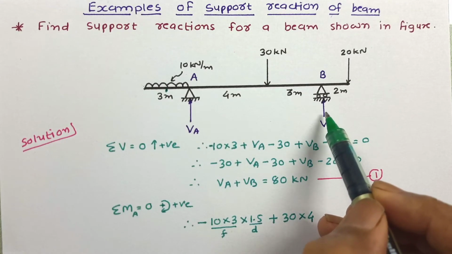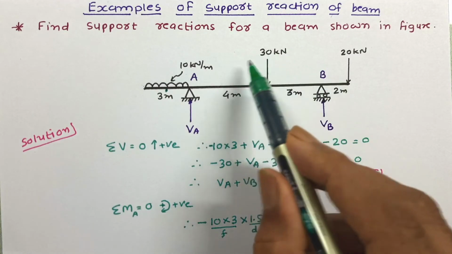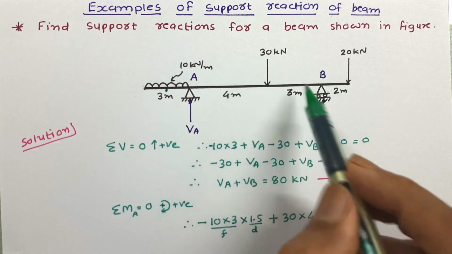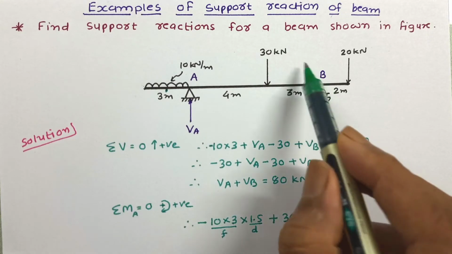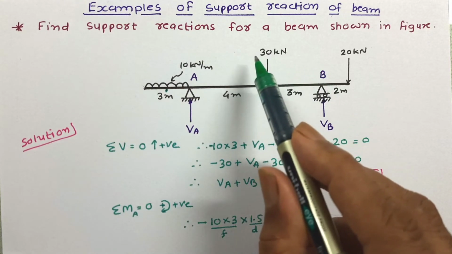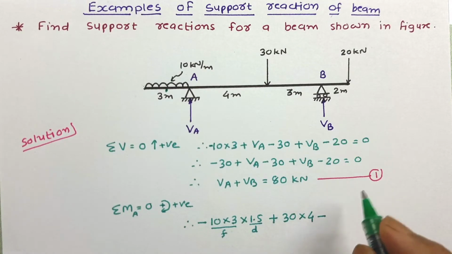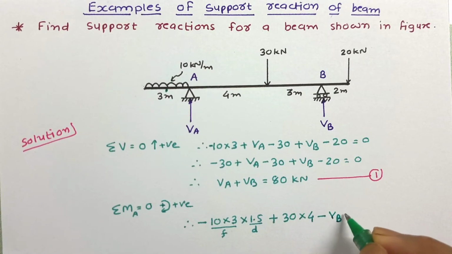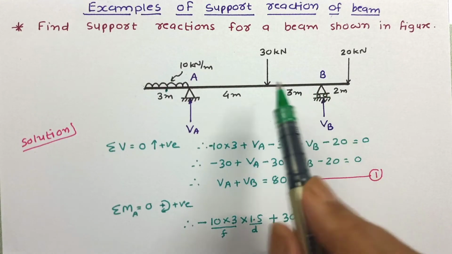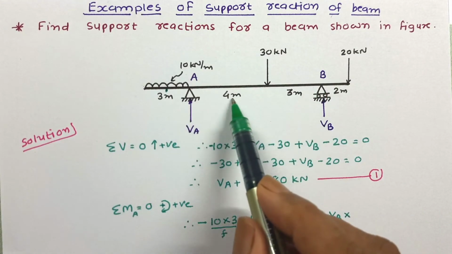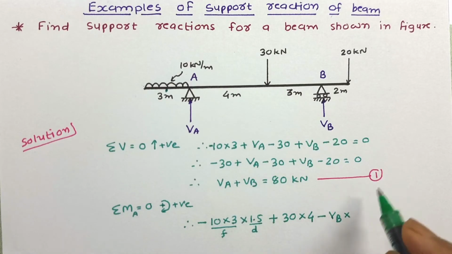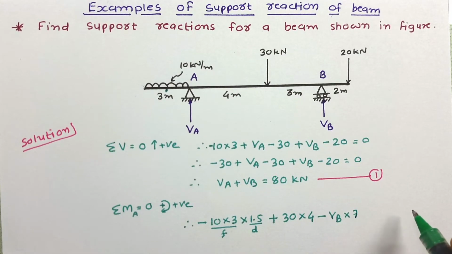Now moment due to VB, it will be in anti-clockwise direction. First we have to see the direction. This is anti-clockwise direction, so it will be minus, force is VB and the distance between VB and A is equal to 4 plus 3, that is 7. So I will put 7 here.